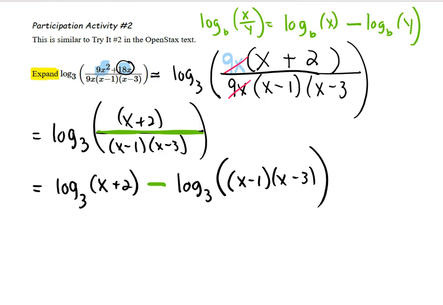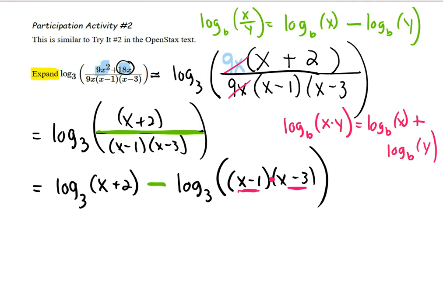The second logarithm has two things multiplied together right here. You've got an x minus 1 times an x minus 3. That log rule says if you have log base b of an x times a y, that is log base b of the x plus log base b of the y.